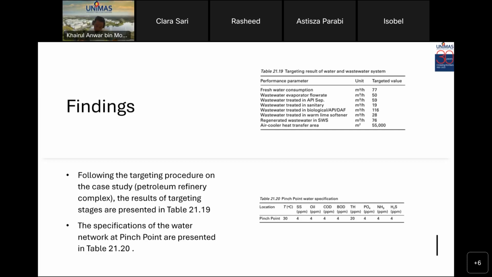Before, this was unlimited. The wastewater evaporate flow rate is 50, so 8 per meter in total.